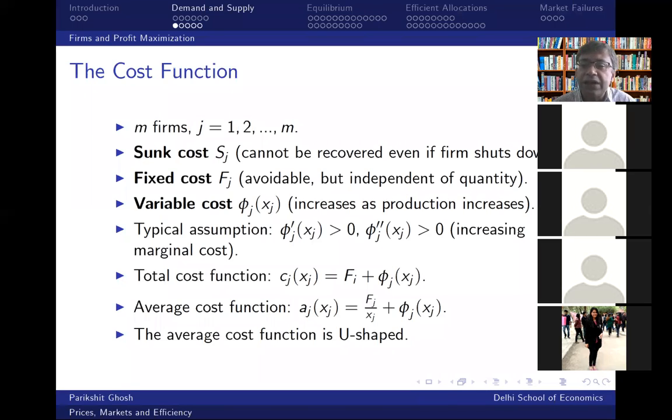It's something that you will never get back, right? So a rational firm, a rational agent will ignore sunk costs, okay? So when they maximize profits, revenue minus costs, sunk costs shouldn't be included in the cost item.